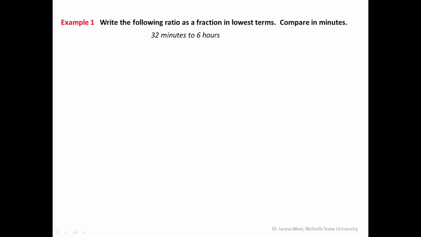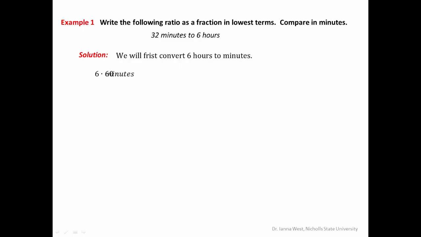For our first example, we will write the ratio 32 minutes to 6 hours as a fraction in lowest terms. Compare in minutes. We must first convert 6 hours to minutes. Since there are 60 minutes in 1 hour, we must multiply 6 times 60 to convert 6 hours to minutes.